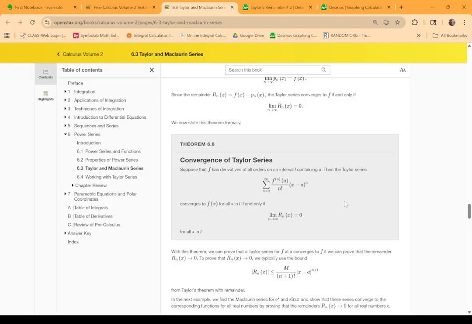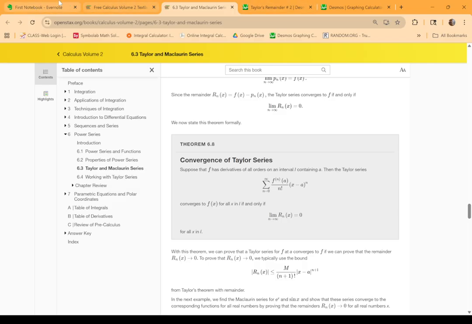Then the Taylor series, which is defined here, converges to f of x for all x in I if and only if the remainder, as n goes to infinity, of R sub n of x goes to 0. So then it does converge. Wherever the interval of convergence is, that's where the Taylor series converges, so it represents the actual function. It's equal to those function values.